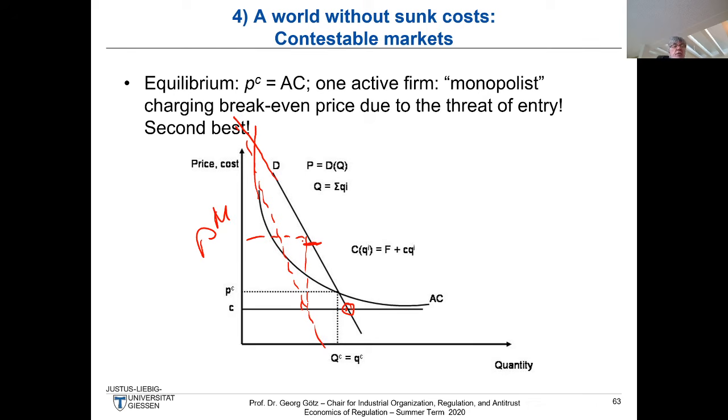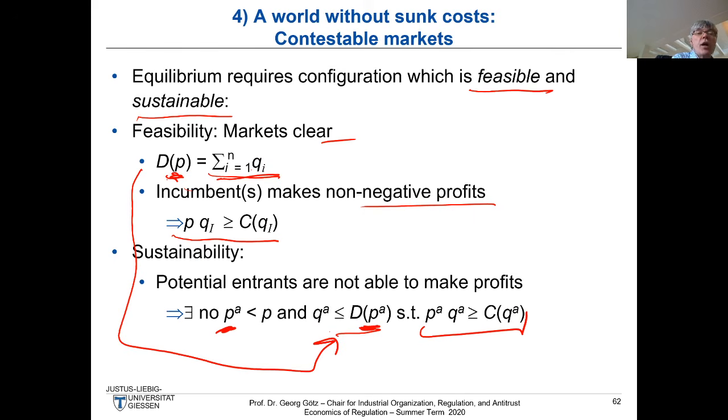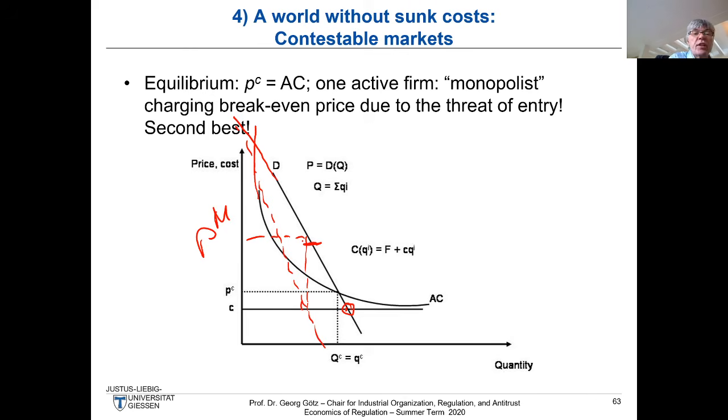And the only sensible thing, and this is really just going back to our feasibility condition, is that price is equal to average cost, because then you just cover your cost. Could an entrant profitably enter here? No, because if they would undercut that, there's no output quantity at which they break even.